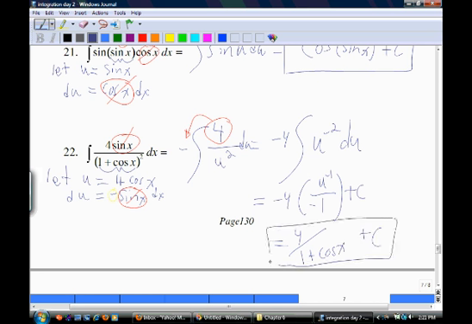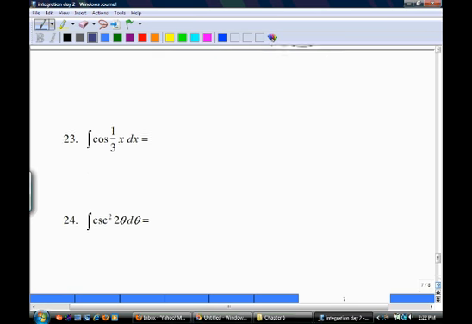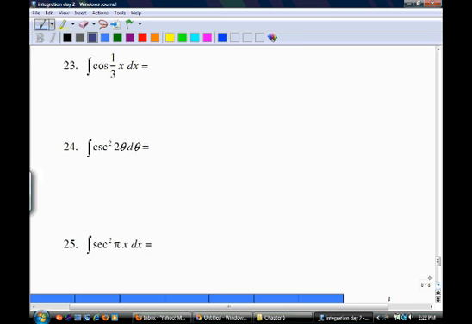So, last page. So we're going to let u equal just what's here, which is 1/3 x, which means du is equal to just 1/3 dx.